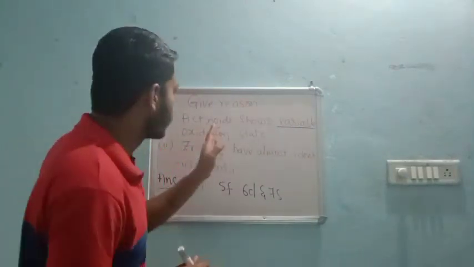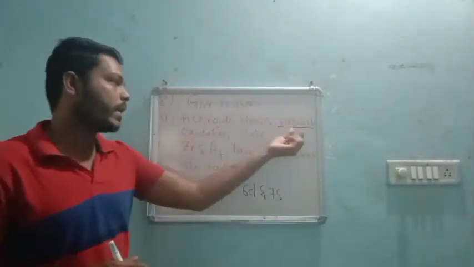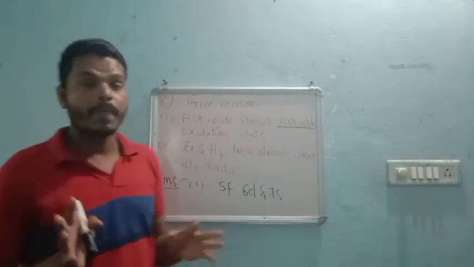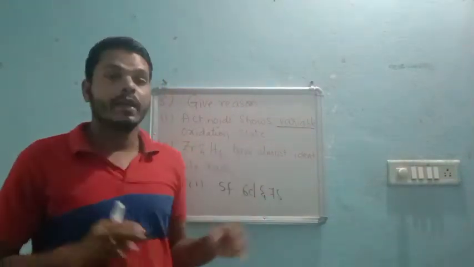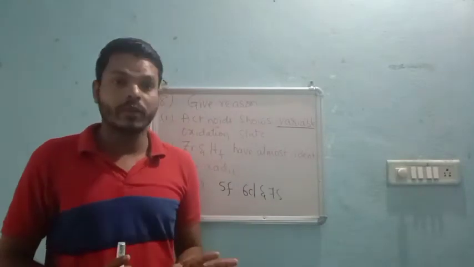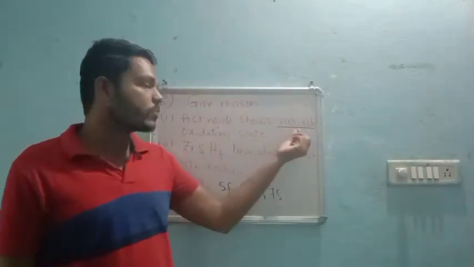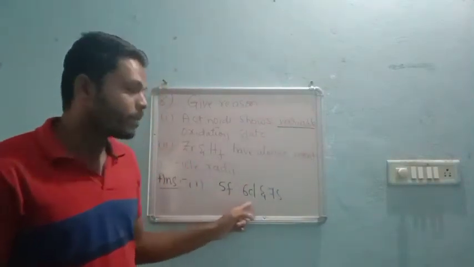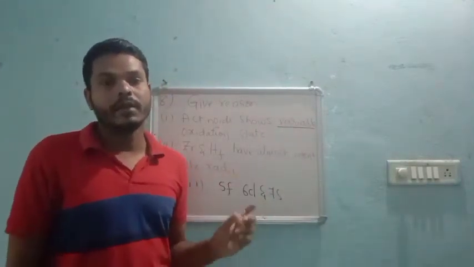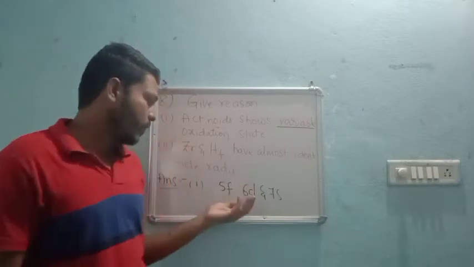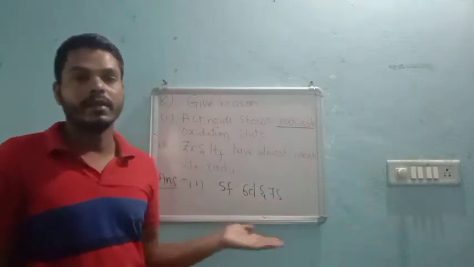For this type of give reason question, in case of transition elements also, d block elements, right, you must mention their energy gap. The energy gap between these subshells is very small.